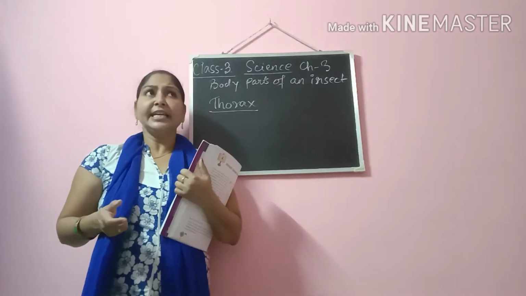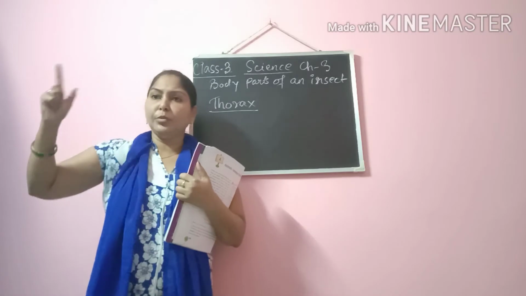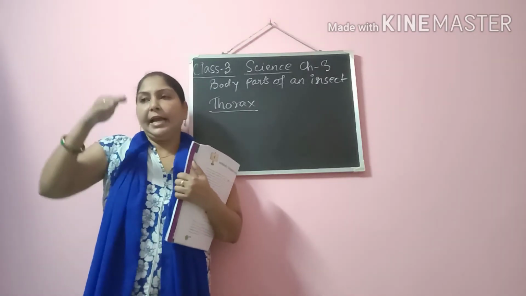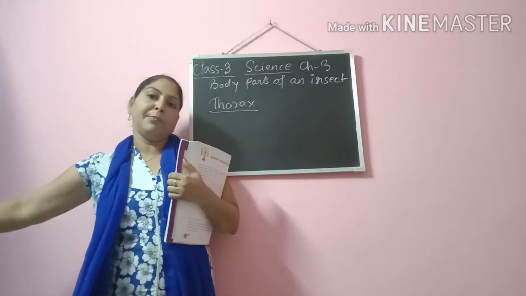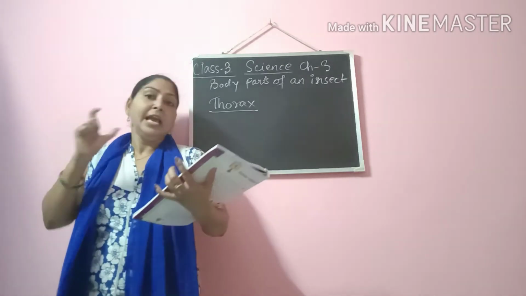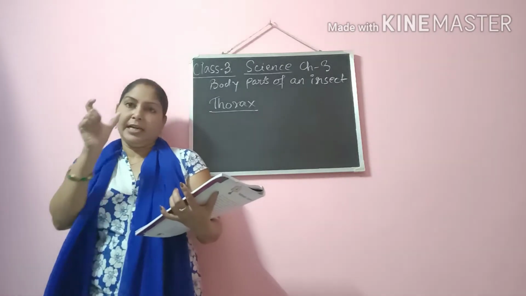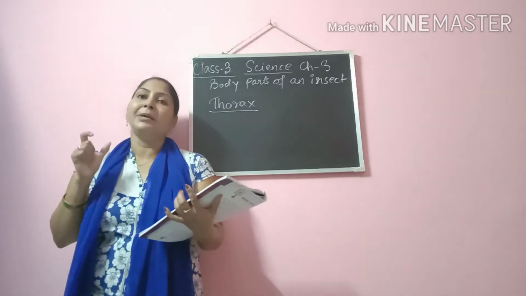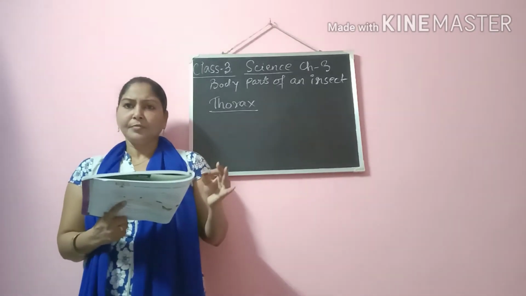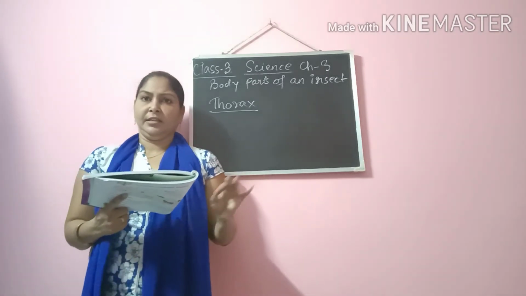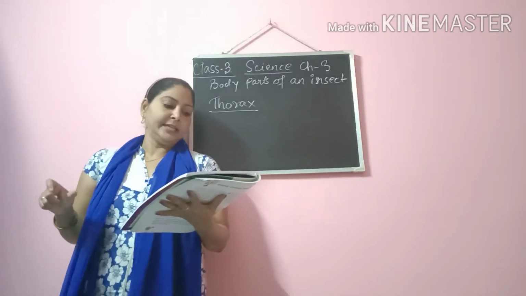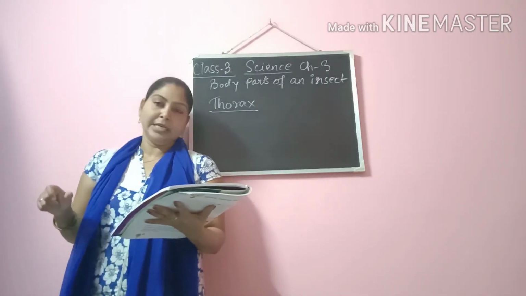It includes from the neck till the abdomen, and after that the rest of the body part comes under the abdomen. Basically thorax is known as the middle part of the insects. What are the important organs present in this thorax?